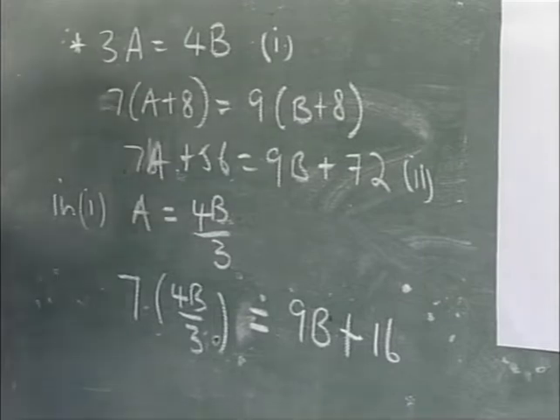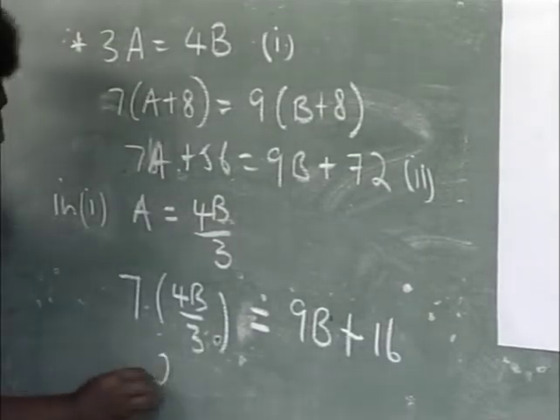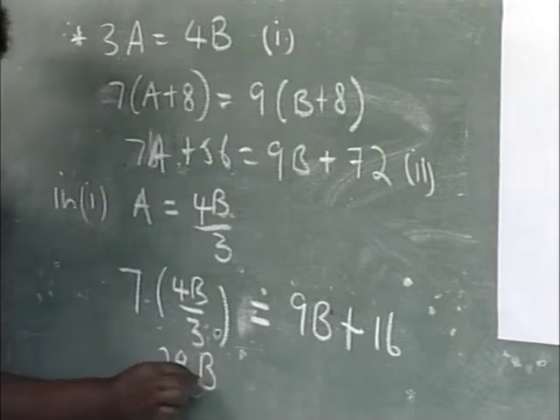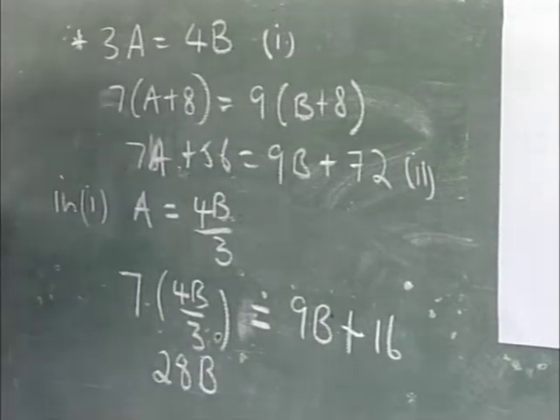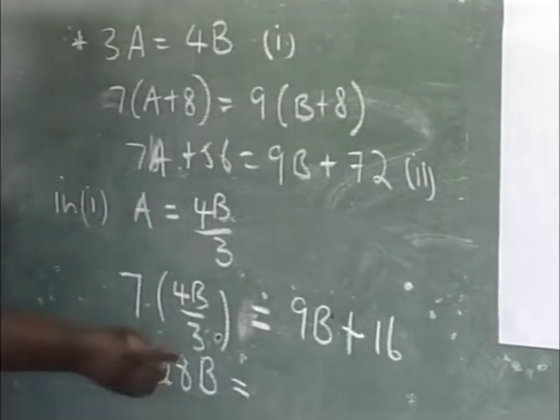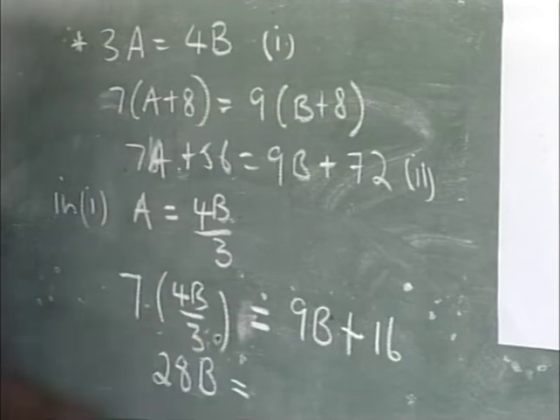So 7 times 4B is 28B. I will multiply by 3, and the 3s will cancel out.